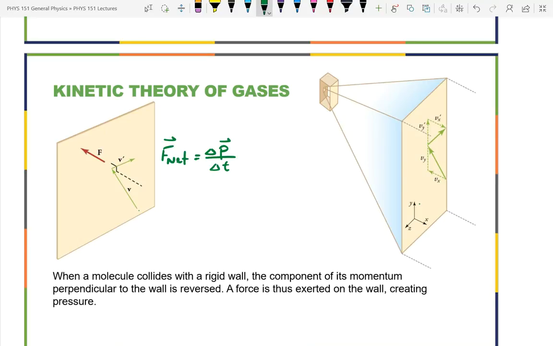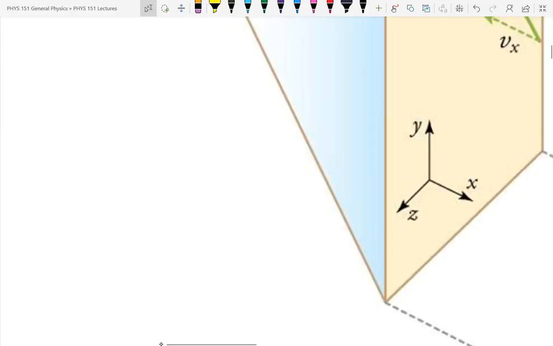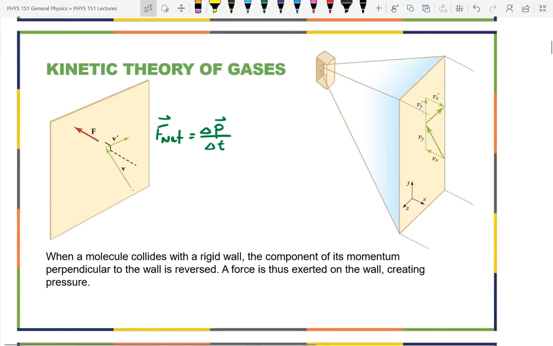Here we have X, Y, and Z directions defined for this wall. So in which direction did the momentum change when it hit the wall? With these definitions for directions right there, there's only three possible answers: X, Y, and Z. In which direction did the momentum change when it bounced off of that wall?